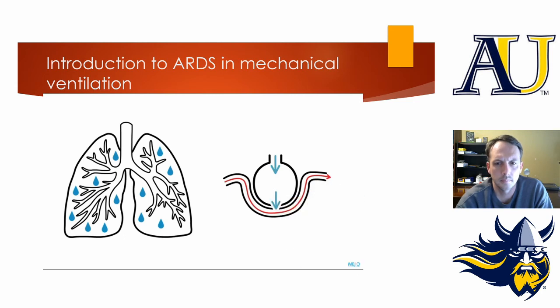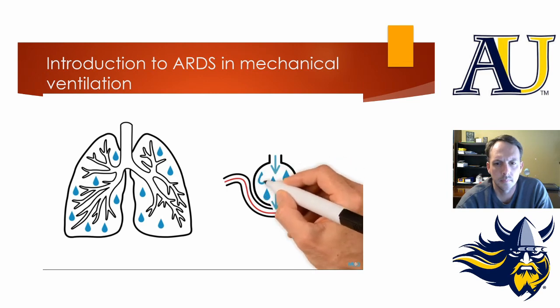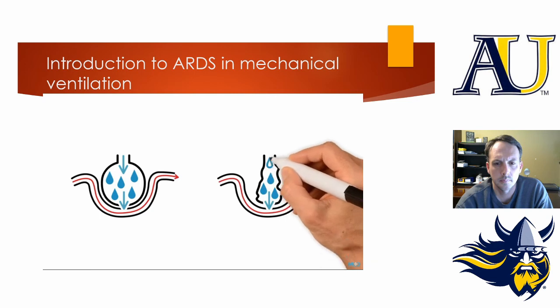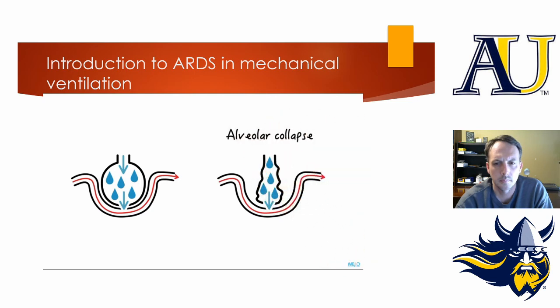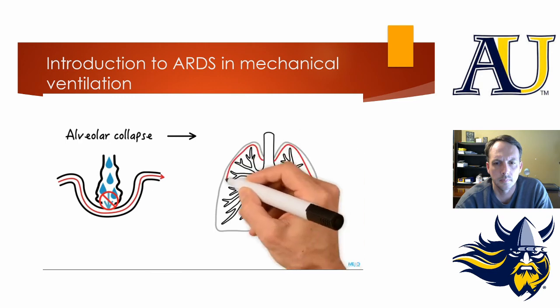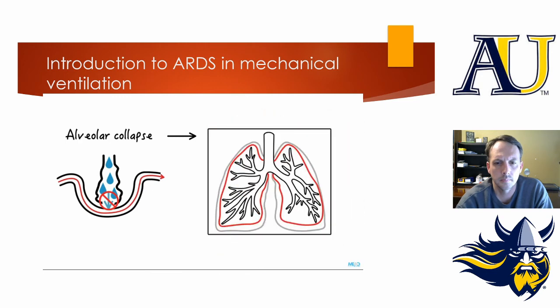But in ARDS, fluids fill the air sac. The integrity of some of the alveoli will be compromised, often leading to alveolar collapse or atelectasis, and this will ultimately compromise gas exchange. As a result of diffuse alveolar collapse, the lung will appear to shrink on a chest X-ray film.